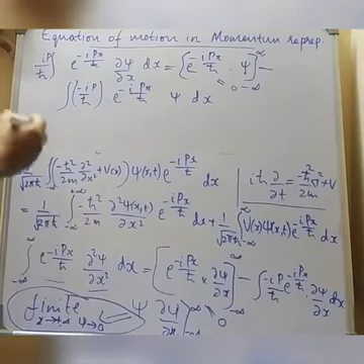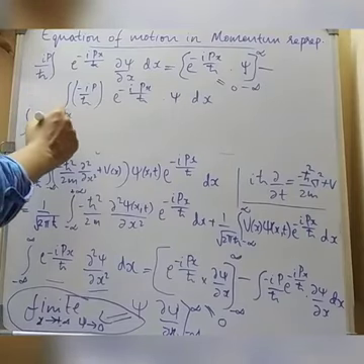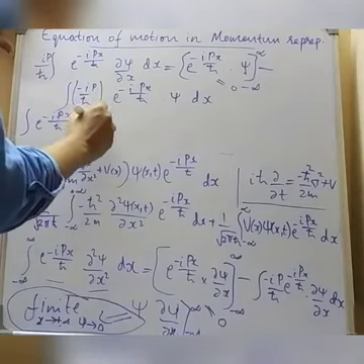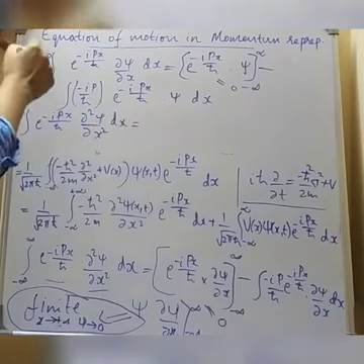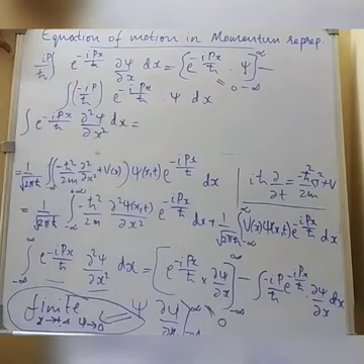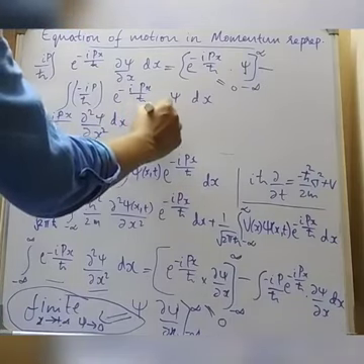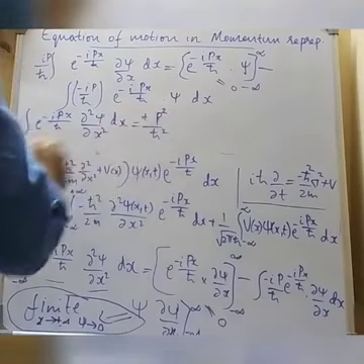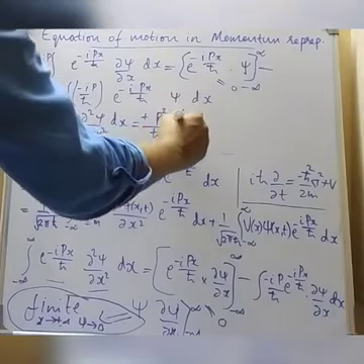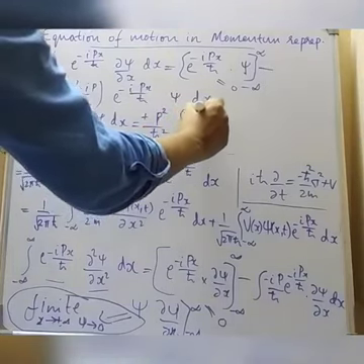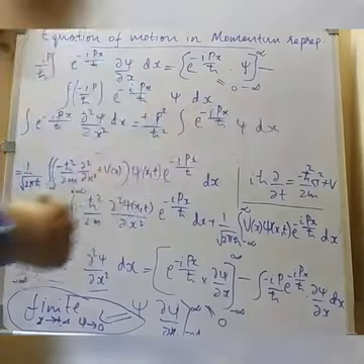integral e raised to minus i p x by ħ ∂²ψ/∂x² dx is equal to, we have i squared p squared, so minus i square is minus 1, so plus p squared by ħ squared, then integral e raised to minus i p x by ħ ψ dx.